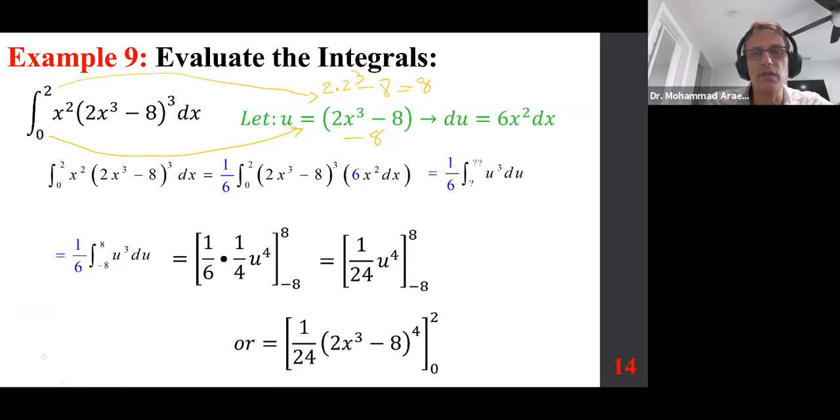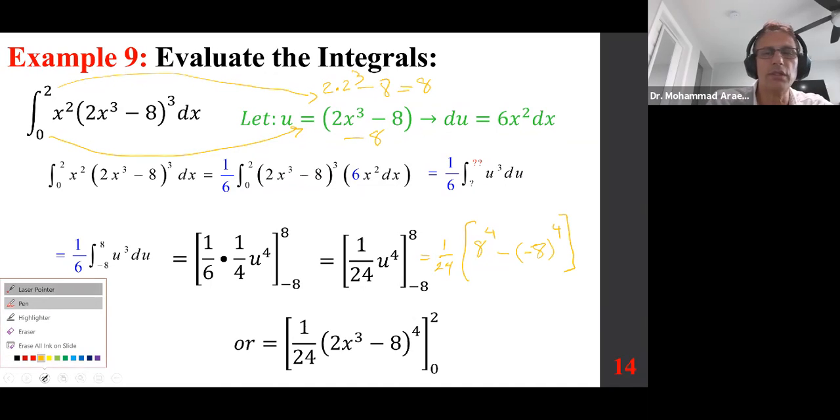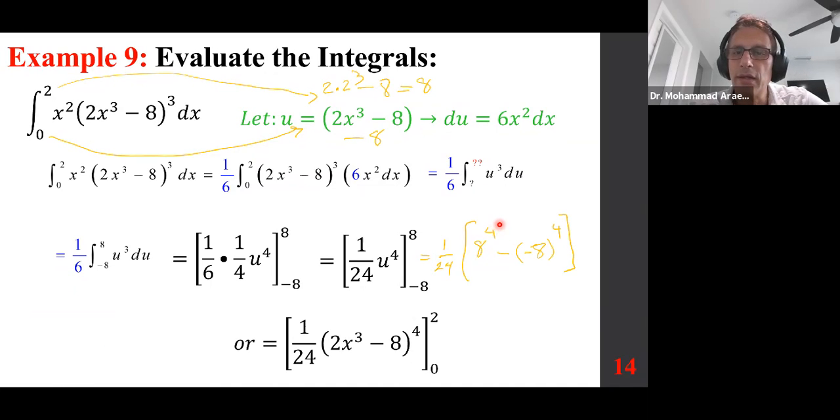Take a look. This is equal to 1/24 times 8 to the power of 4 minus -8 to the power of 4. Because the exponent is even, 8 to the power of 4 and -8 to the power of 4 are the same.